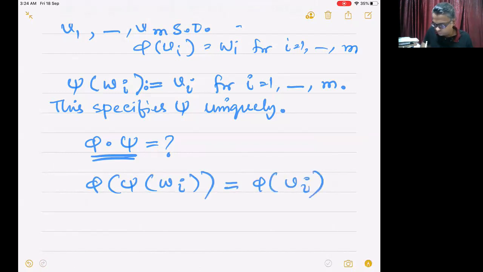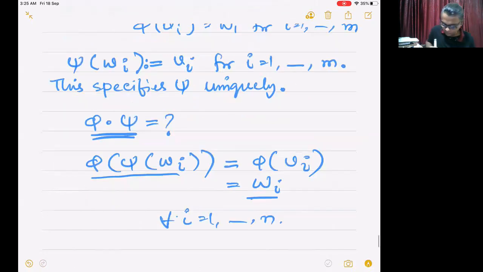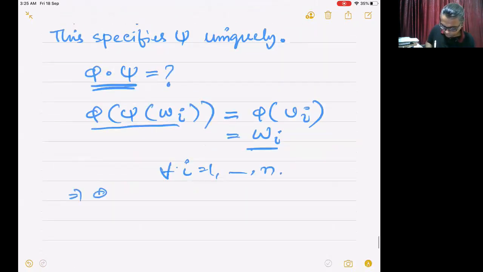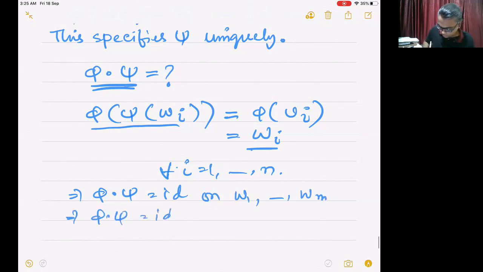And what is phi Vi? We know that this is Wi. So phi psi Wi is indeed Wi. This is for all i equal to 1 to m. Means it's identity on the basis vectors. So this implies phi composed with psi is identity on W1 up to Wm, which implies phi psi must be identity on all of W, and that is what we wanted to show.